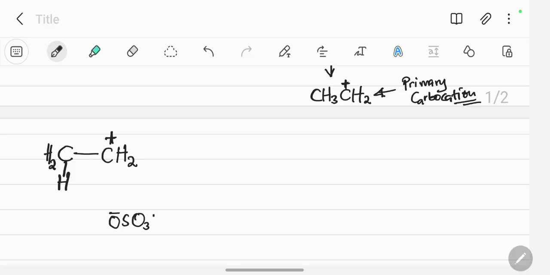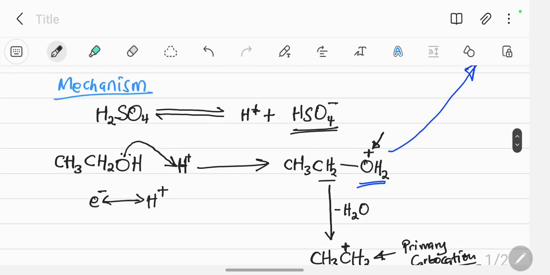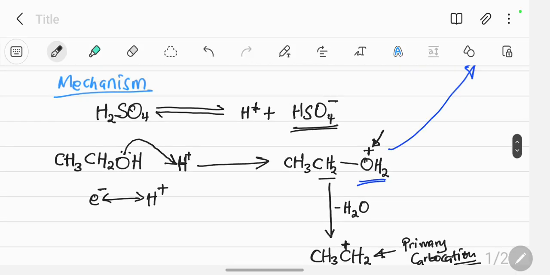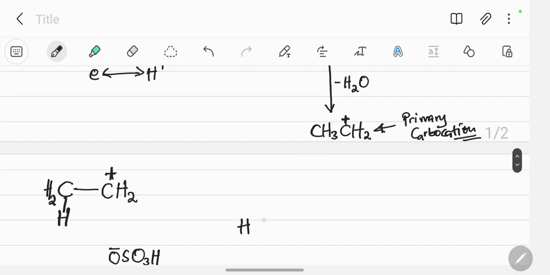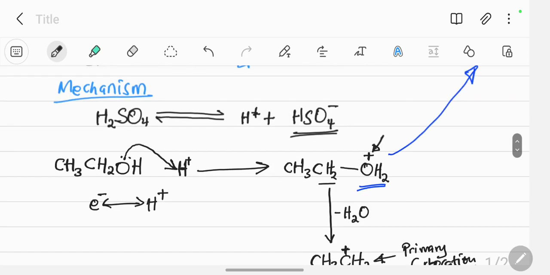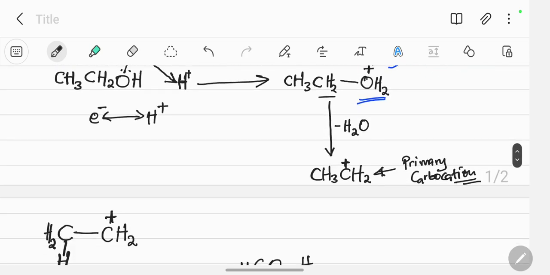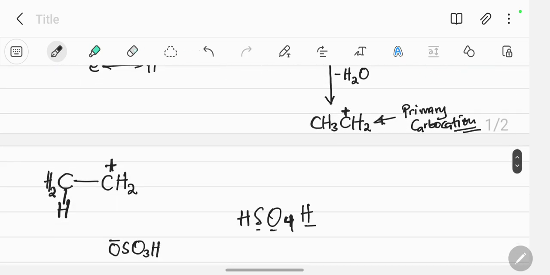So the remaining hydrogen sulfate is of this kind. You may wonder how I'm manipulating it, but this is it. It has 4 oxygen atoms and 1 sulfur.